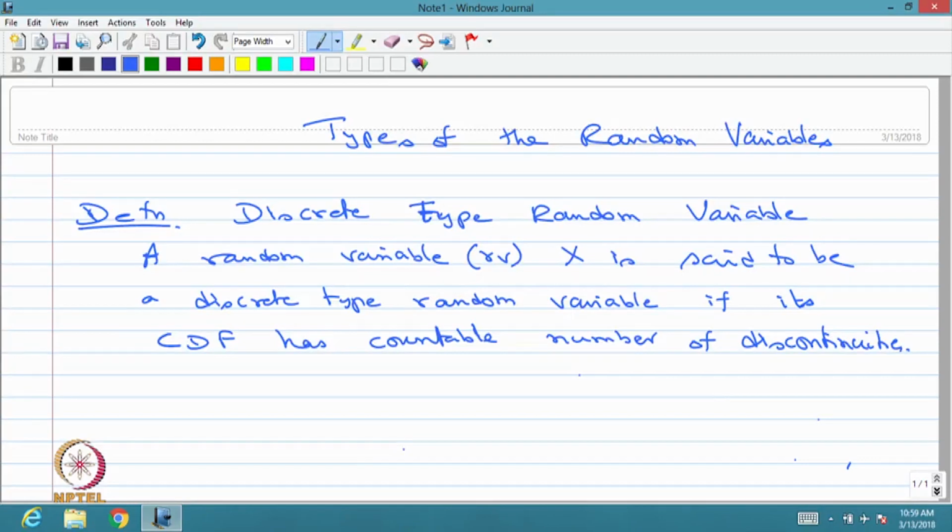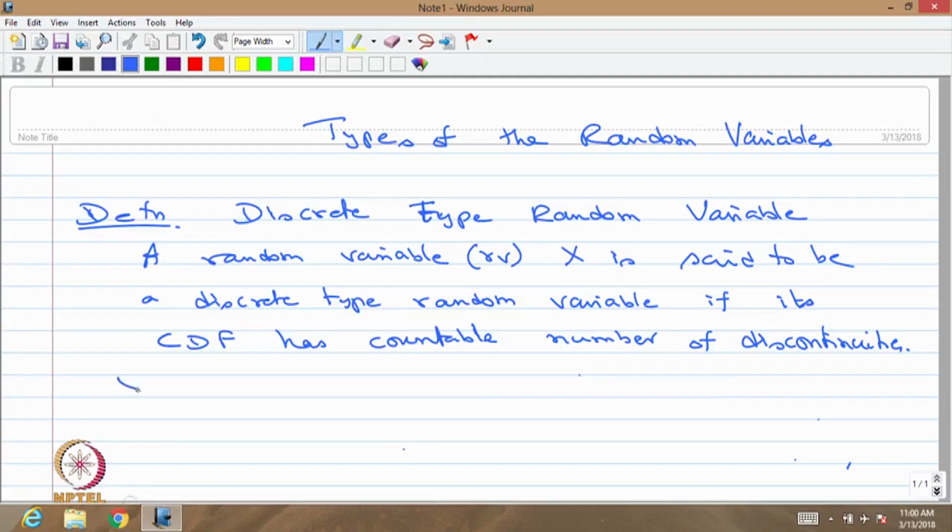The countable number of discontinuities means the discontinuities or jumps can be finite or countably infinite. That means a random variable x is said to be a discrete type random variable if its CDF has a countable number of discontinuities or a countable number of jumps.